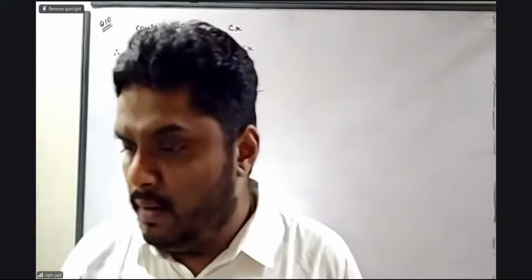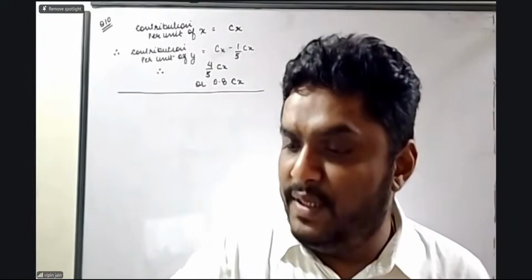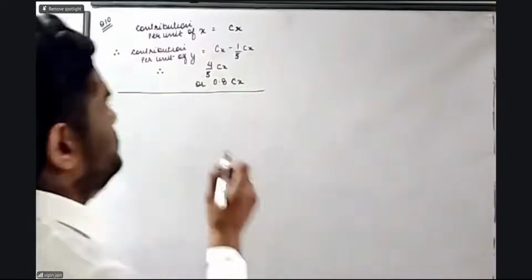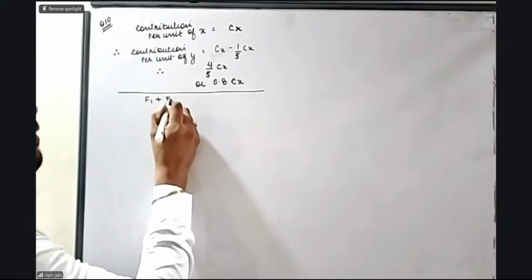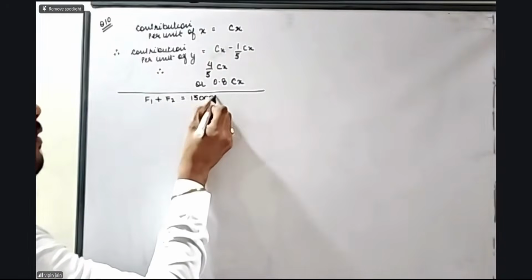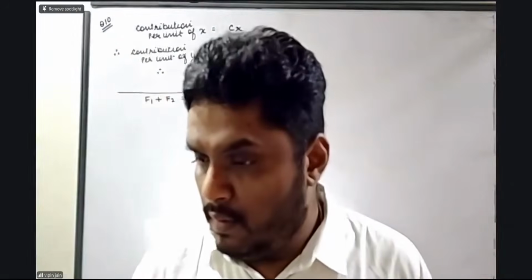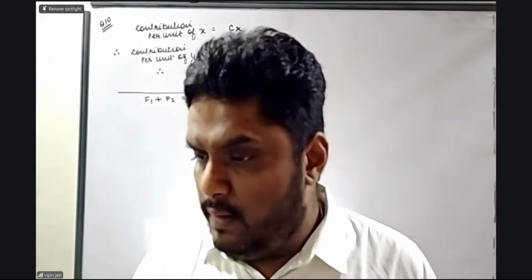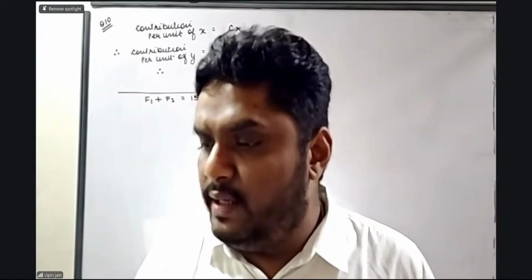Don't worry. Now, the next point that is given in the question is F1 plus F2 is equal to 1,50,000. Further, the break-even point of X is 1800 units.